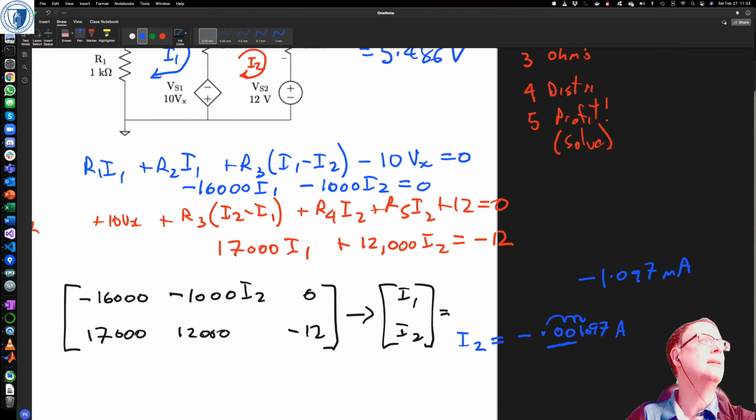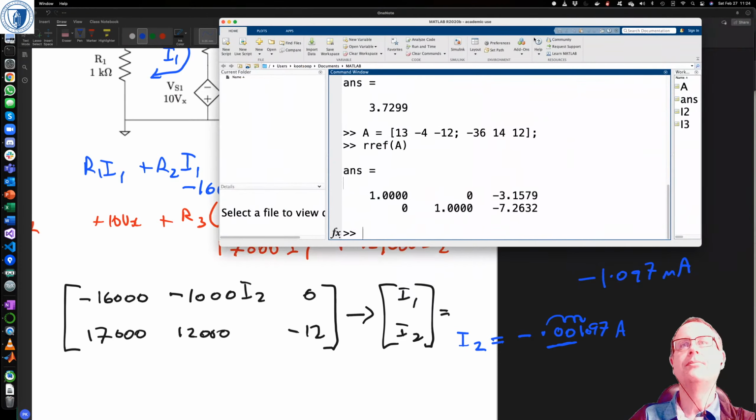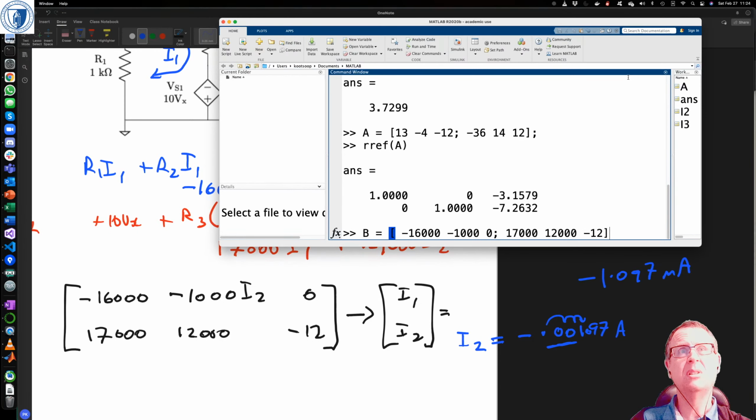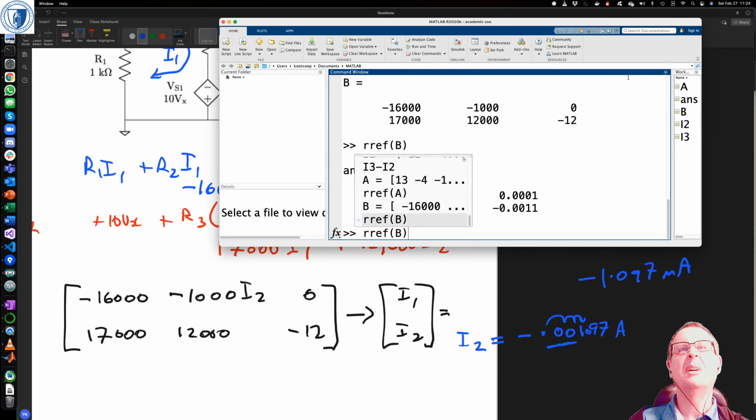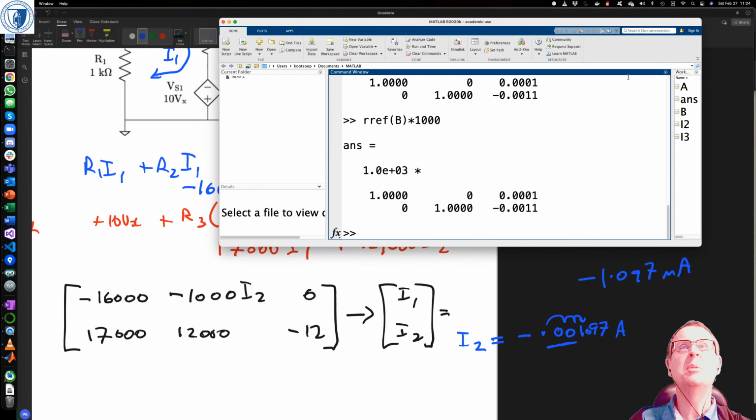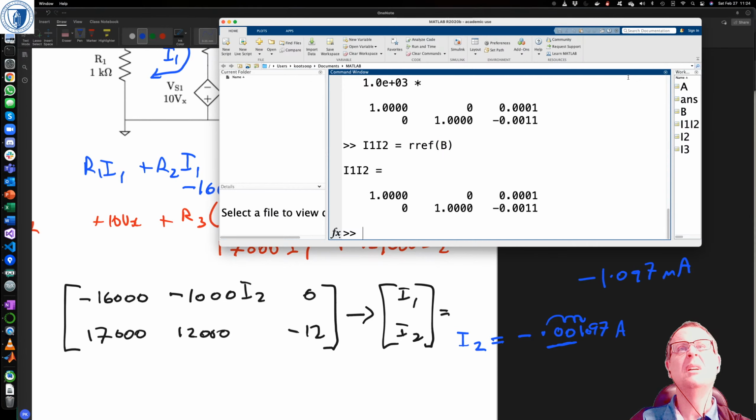Let me just plug those numbers in here to see what all of them were. 16,000 minus 1,000 and 0, 17,000, 12,000 minus 12. I shouldn't have written the I2 there.